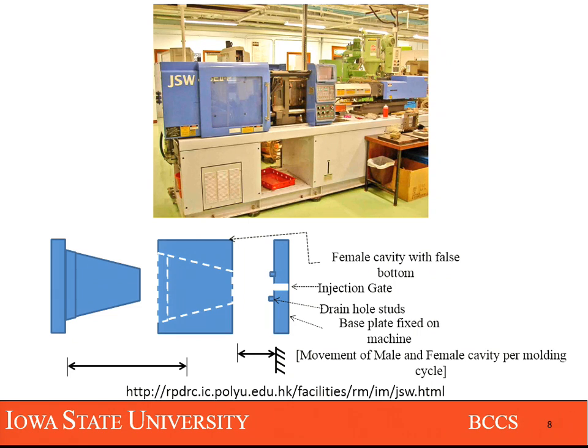So we had to come up with a mold which has a false bottom. These three pieces would close and then the plastic would be shot through this injection gate. Once the part is formed, typically for those materials the shrinkage was not as much, so it would stay on the cavity side, and we had to let this base plate open and literally slide in our hands and pop it off.